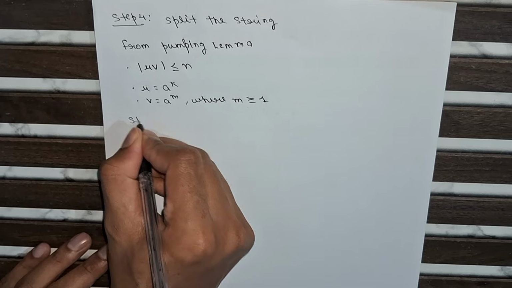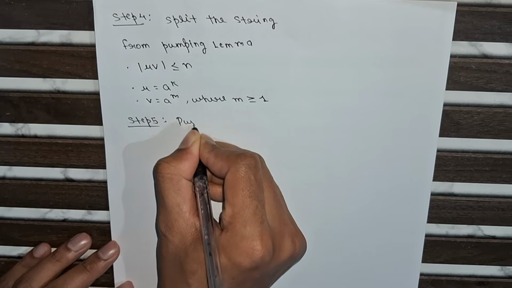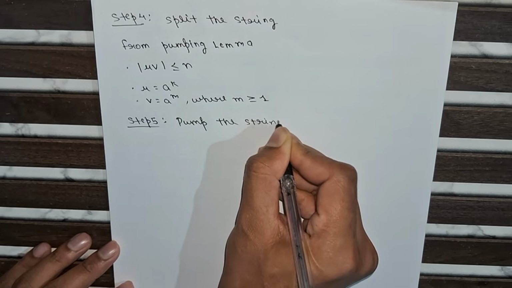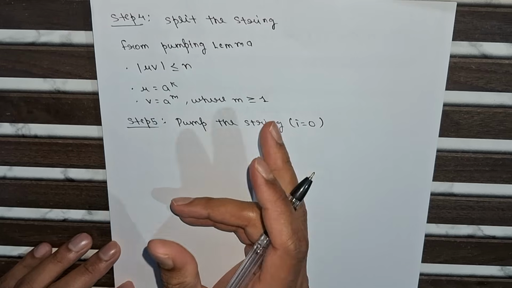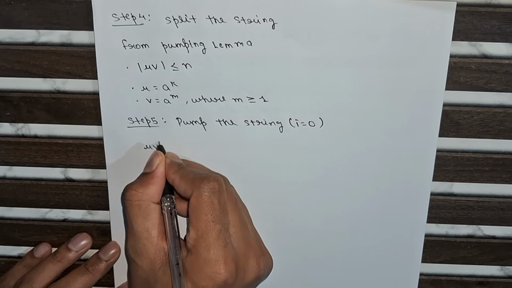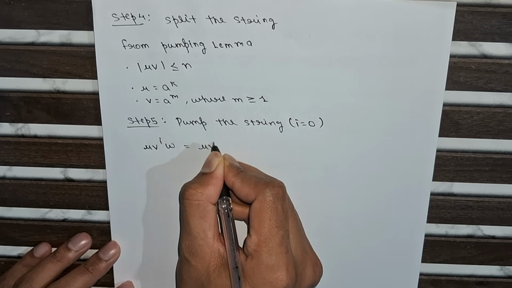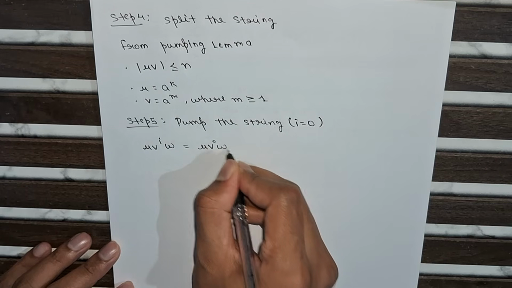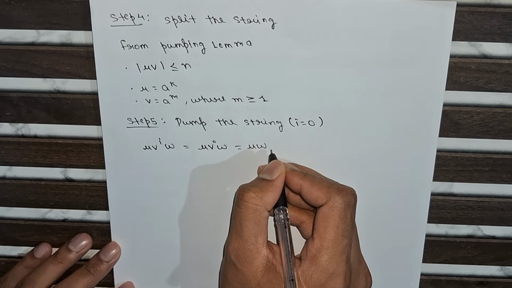Now in step 5 we pump the string, which means that we put the value of i = 0. So we pump this string by taking i = 0 in u v^i w. After that u v^0 w becomes u w.